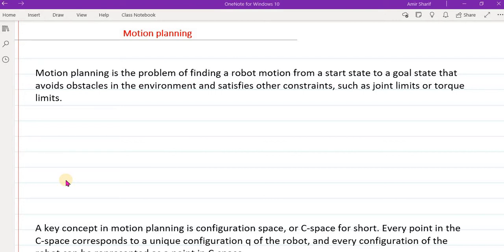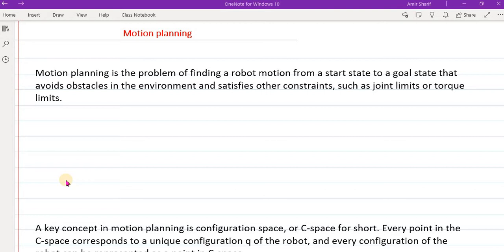So what is motion planning? Motion planning is the problem of finding a robot motion from start state to goal state that avoids obstacles in the environment and satisfies other constraints such as joint limits or torque limits.